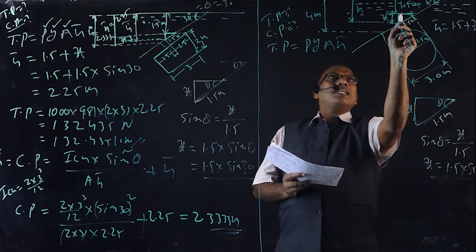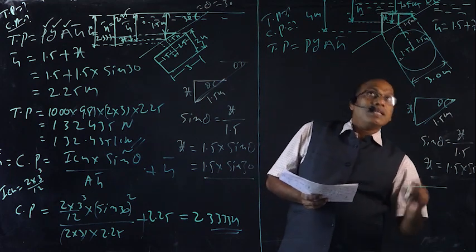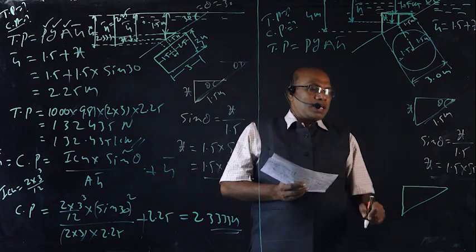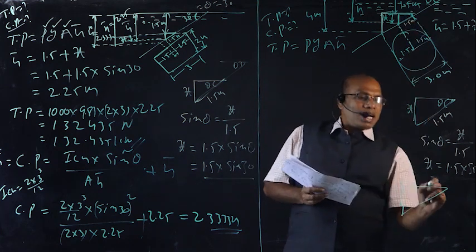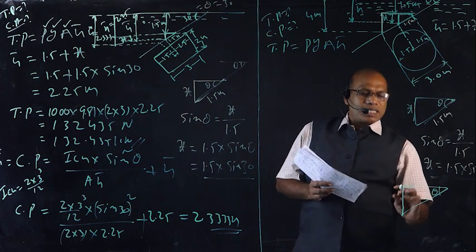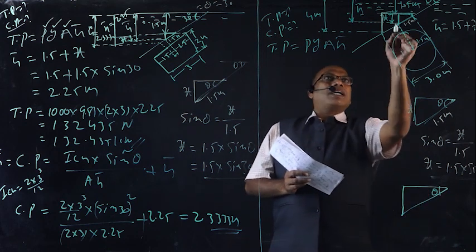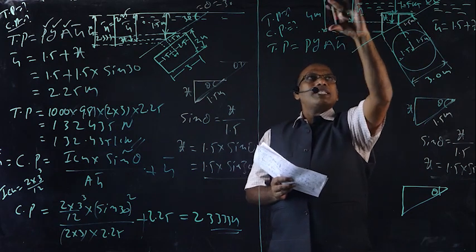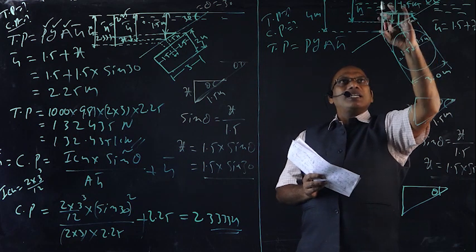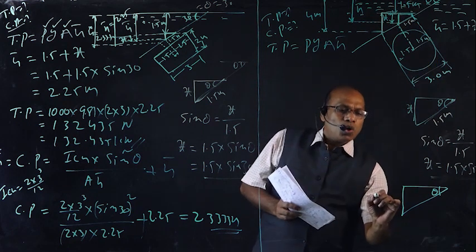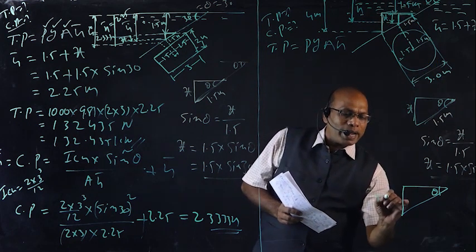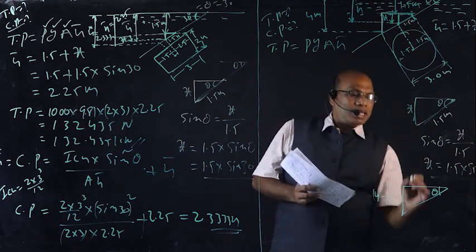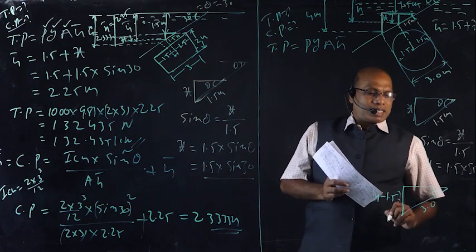Now this is theta. This value we know because this is 4 meters and this is 1.5 meters. This value is equal to 4 minus 1.5, and this is 3 meters.